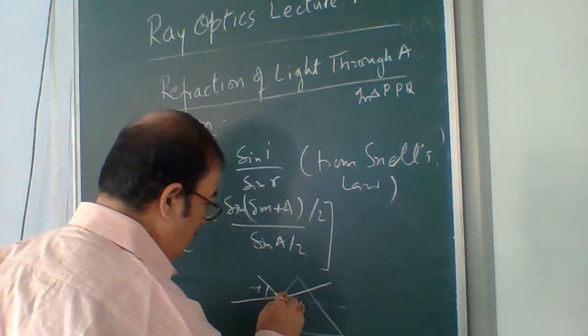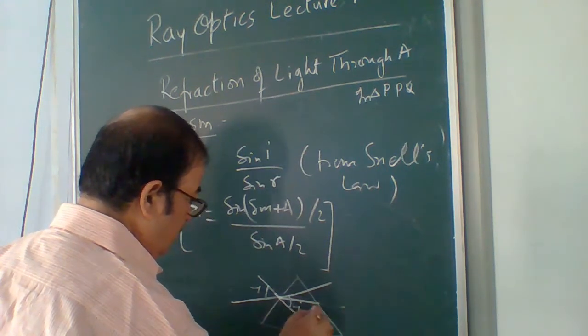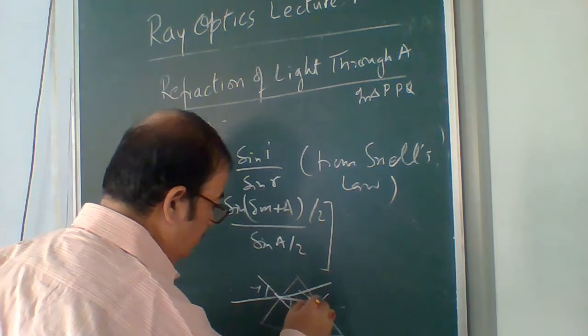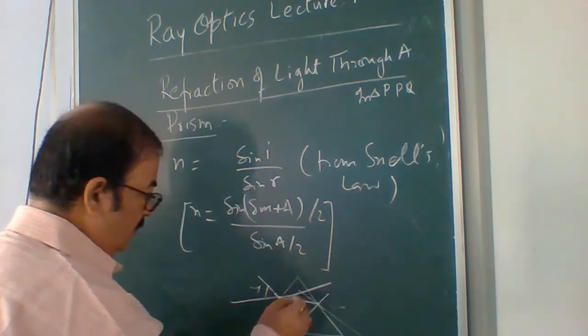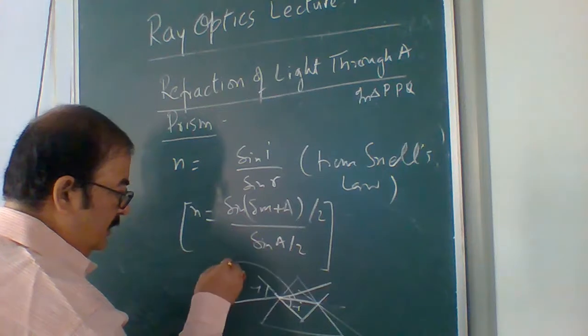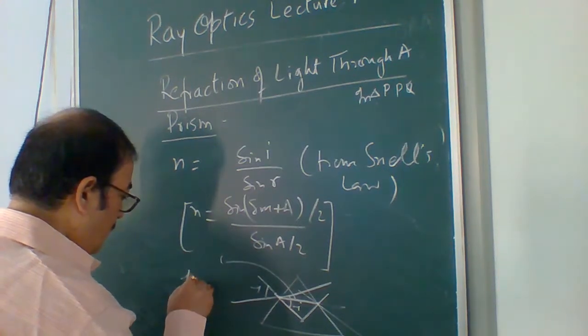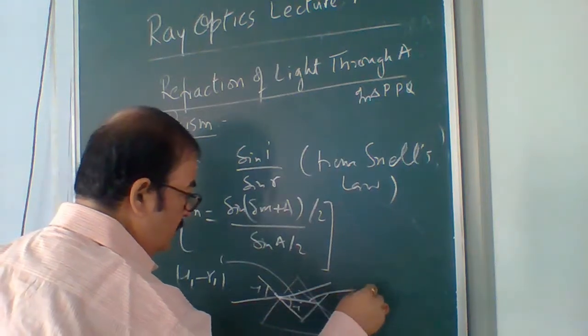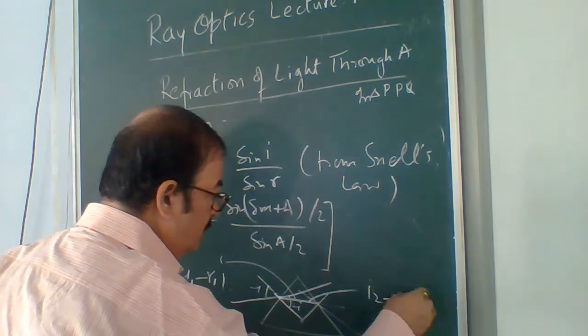And this is refracted ray because this angle is different. Remember, this angle is your I1 minus R1. Similarly, this angle is your I2 minus R2.